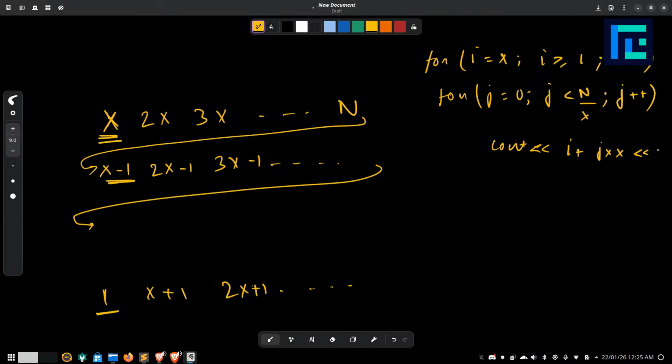That's it. Because it would be x, then 2x, then 3x. For 1, we can see that it would be 1, then 1 plus x, then 1 plus 2x, then 1 plus 3x, and so on. So this will simply generate the permutation, and overall time complexity would be O of n only, since there will be O of n numbers cout, because it is a permutation of n numbers. So that will be the solution.